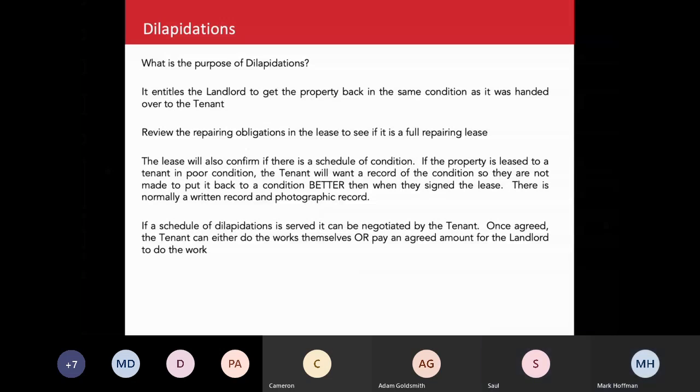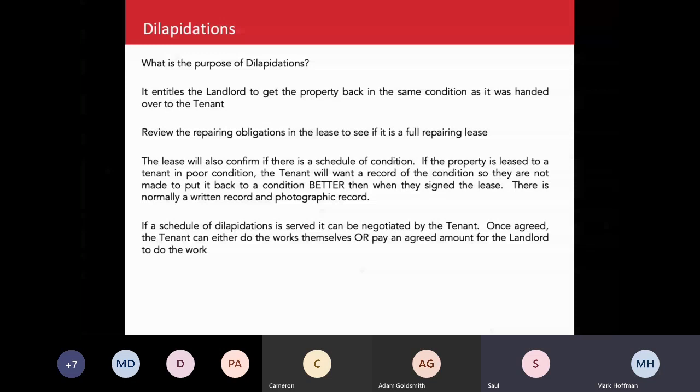And they do all sorts of things. They fit it out, they improve it with landlord's consent, they decorate it, they reconfigure it, whatever. But at the end of it, it has to go back in the same condition as it was handed over to the tenant.